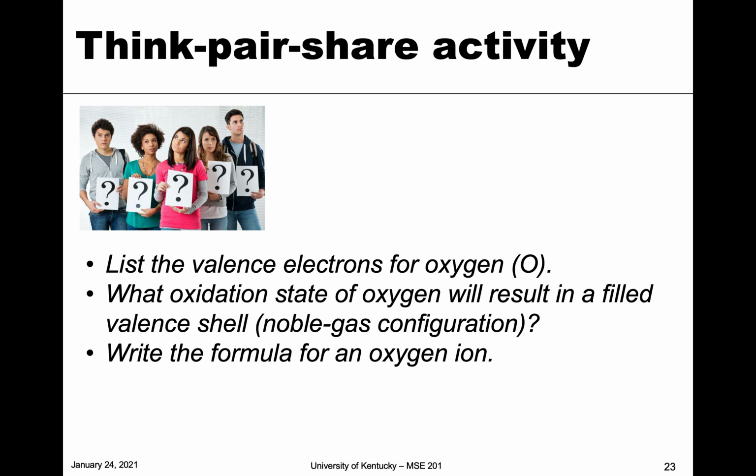Then, what oxidation state, meaning how many electrons and what charge, will result in a filled valence shell? So taking oxygen to its nearest noble gas configuration, what does that mean in terms of how many electrons were added or removed, and what is the charge there? After that, you can write the formula of the oxygen ion.